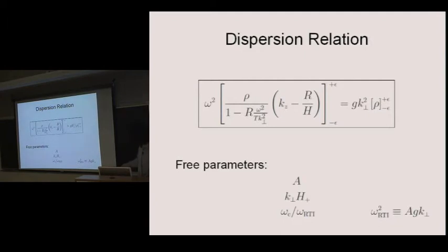So omega RTI is the growth frequency of the classical Rayleigh-Taylor instability. So you have this complicated dispersion relation, and once you pick these values, you can ask Mathematica what growth rate you get.